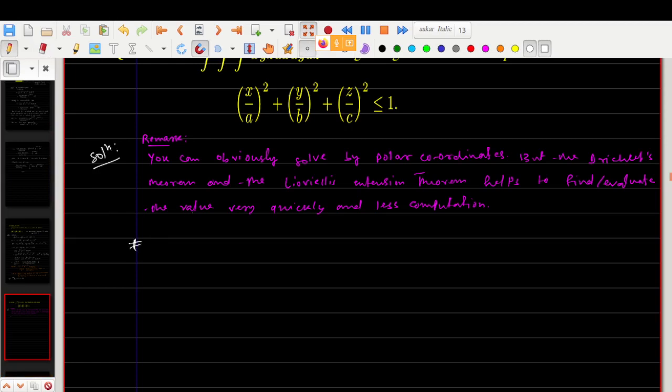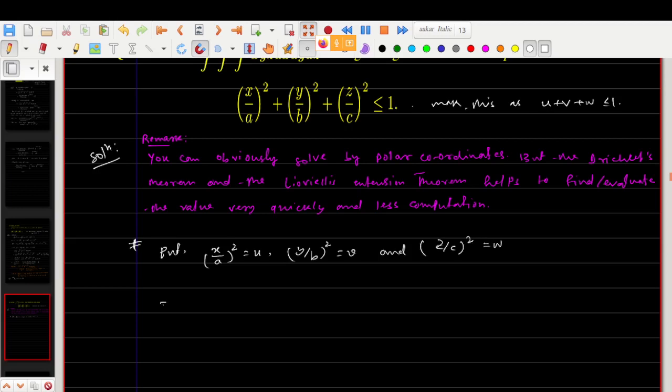So for that, as usual, you have to make this as u plus v plus w less than or equal to 1. So put (x/a)^2 equals u, (y/b)^2 equals v, and (z/c)^2 equals w.